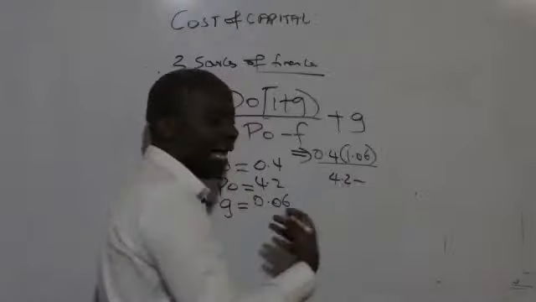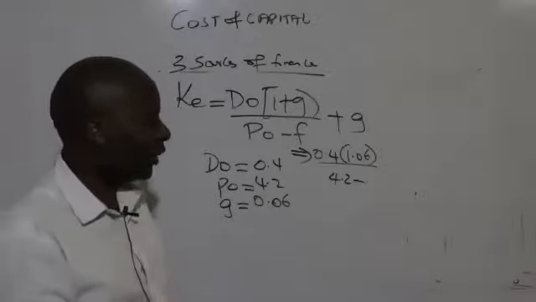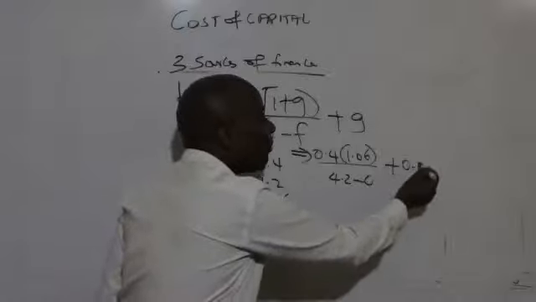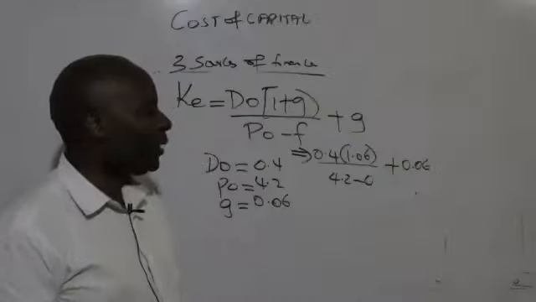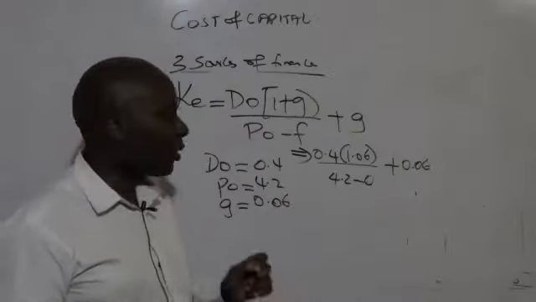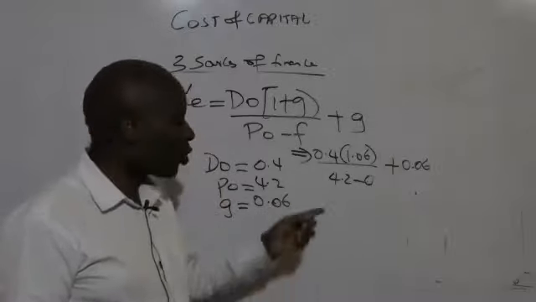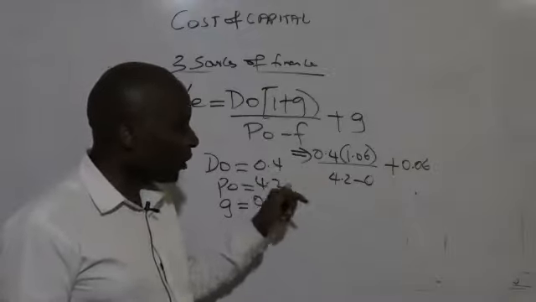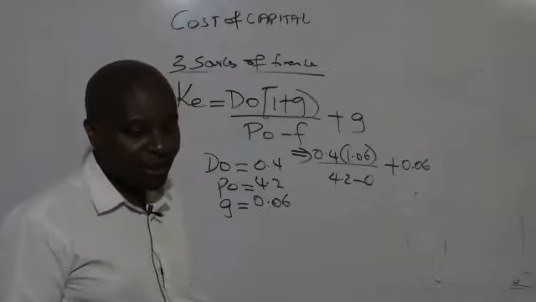We don't need any money to float our shares, nothing for marketing our shares, so the flotation cost is 0, plus the growth rate, which is 0.06. You have to be careful here. So you're talking of 0.4 times 1.06 divided by 4.2 plus 0.06. Please give us an answer here.